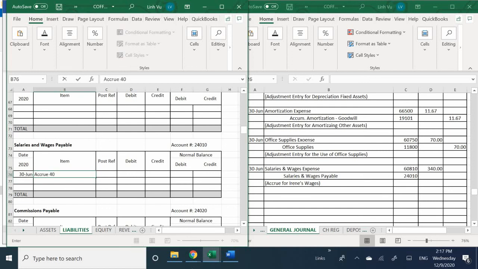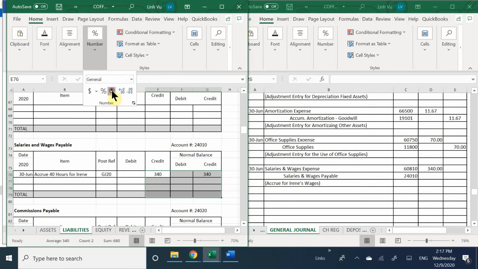Accrue 40 hours for Irene. General Journal 20. And I'm going to credit this for $340 because that is what I am going to owe her.